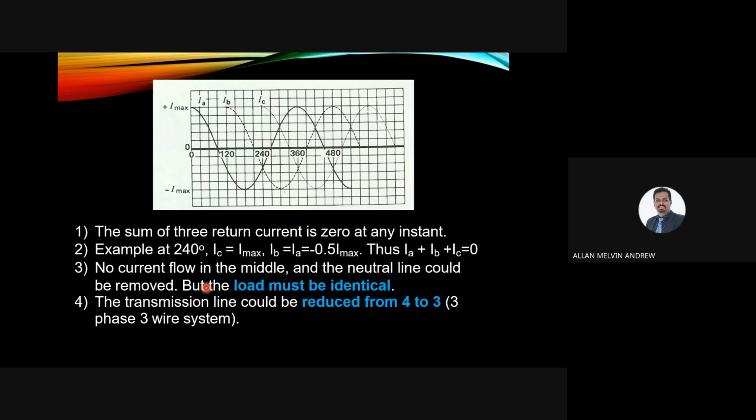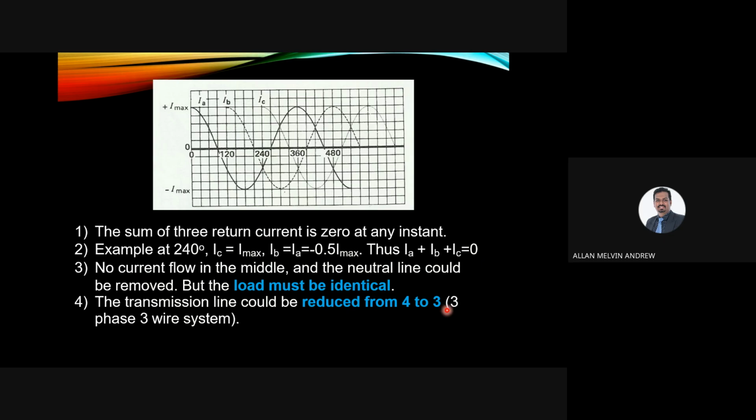So initially we saw it has four lines. We can remove this neutral line because it's not carrying any current. But the condition is the load must have the same values. Okay, so earlier from six transmission lines we reduced it to four, and now after we remove this neutral line, we can further reduce it from four to three.